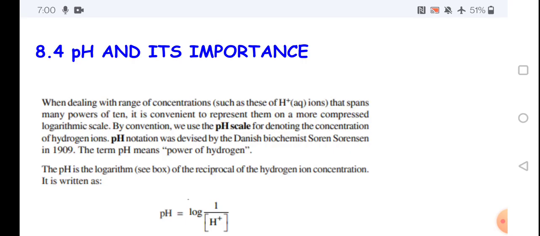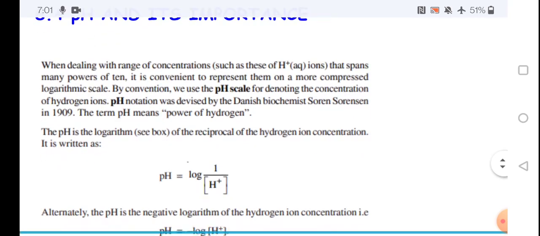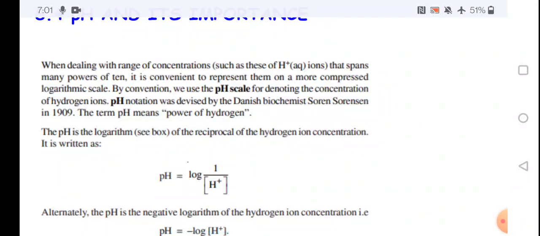When dealing with a range of concentrations such as those of H plus ion that span many powers of 10, it is convenient to represent them on a more compact logarithmic scale, so by convention we use the pH scale, which denotes the concentration of hydrogen ions. The pH notation was devised by the Danish biochemist Søren Sørensen in 1901. The term pH means power of hydrogen.